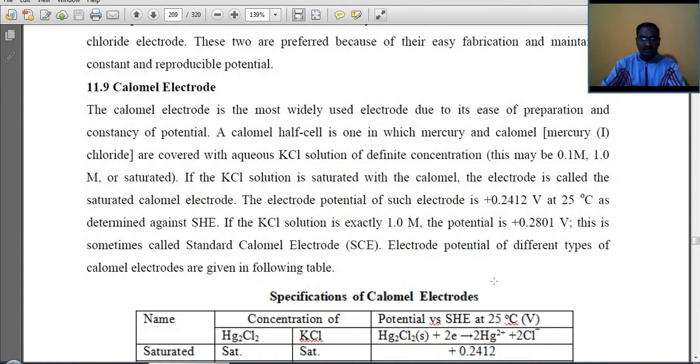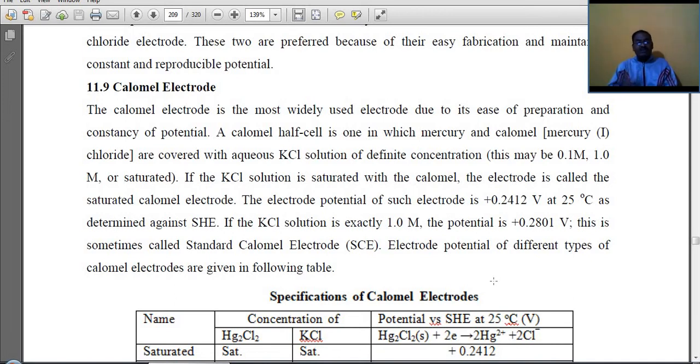The calomel electrode is the most widely used electrode due to its ease of preparation and constancy of potential. A calomel electrode is one in which mercury and calomel are covered with aqueous potassium chloride solution of definite concentration. What are the concentrations of KCl? Here 0.1 molar, 1 molar, and saturated.